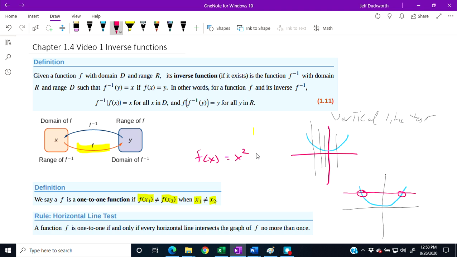If I have an input of -1 or 1, I get the output of 1. So f at -1 equals 1, and f at 1 equals 1. So therefore, a parabola is not one-to-one. Or a quadratic, none of the quadratics are going to be one-to-one. So in order for us to have an inverse function, we are going to have something that is one-to-one.